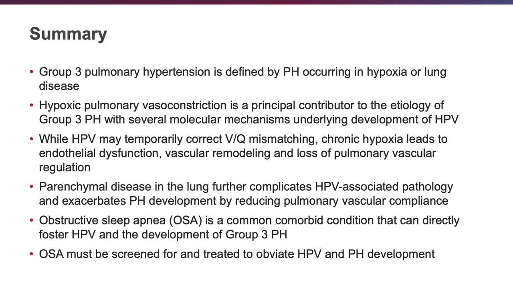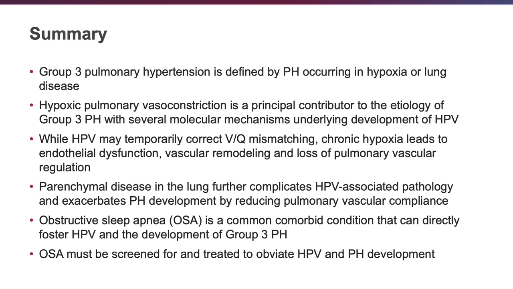So in summary, Group 3 pulmonary hypertension is defined by the World Symposium on PH criteria, and we have 5 different categories for that. While hypoxic pulmonary vasoconstriction may correct the ventilation perfusion mismatching, chronic hypoxia can ultimately lead to vascular remodeling with muscularization of the pulmonary arteries, endothelial dysfunction, and then loss of pulmonary vascular regulation.